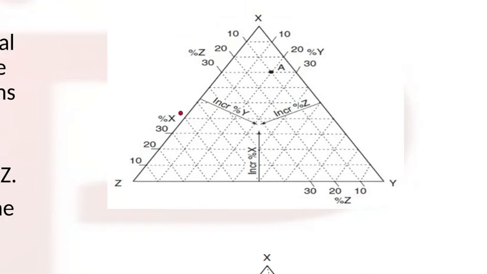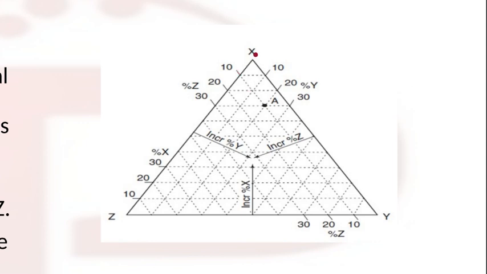So X, Y, Z are the three examples. Remember, at vertex X, X is 100%, and the values of Y and Z are 0. As you move towards X from Y and Z, the value of X increases. Suppose X here is 10, on this line X is 20, on this line 30, 40, 50, and so on it increases. Similarly, the value of Z on line XY is 0. Then as you increase, the line parallel to XY will indicate the Z value.